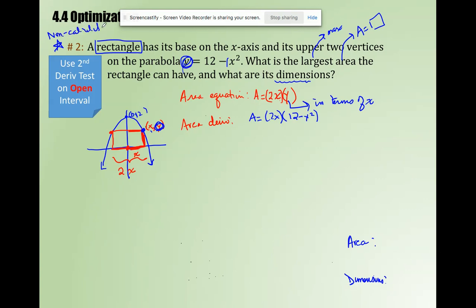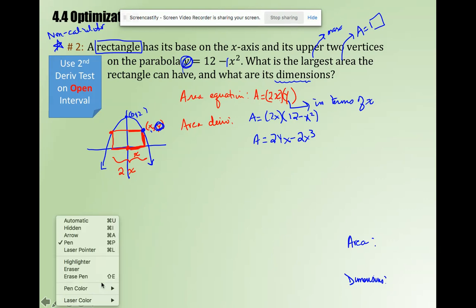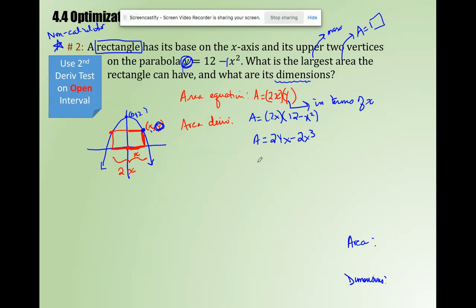I can tell by how nice the numbers are, because my area equation looks like that. Now what do I do? So I have the area equation. Now take the derivative.